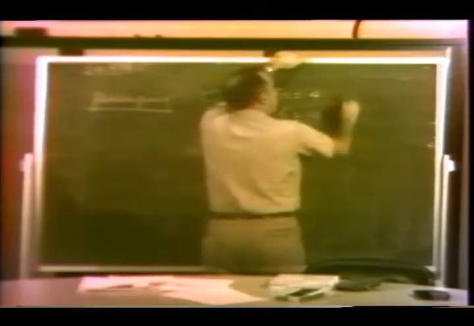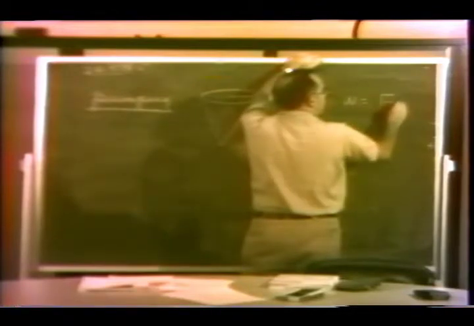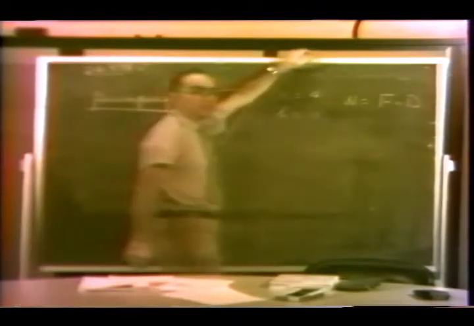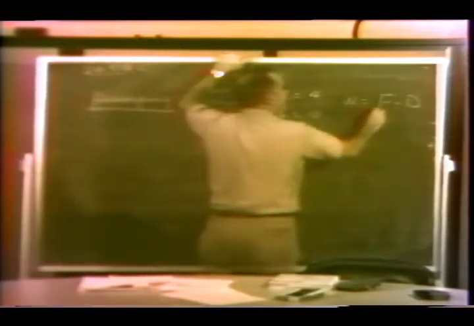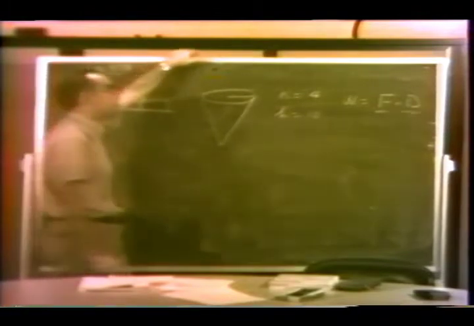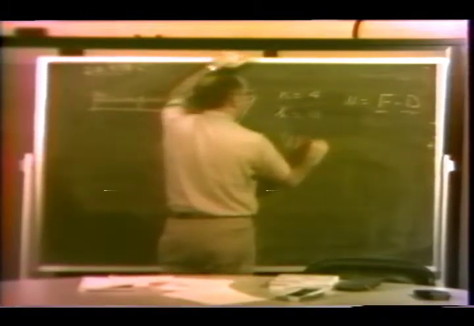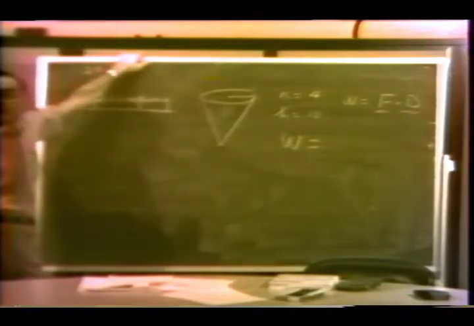And the work done in pumping that out is basically force times distance. So we've got to put both of these things in. And in this case, what interval did you have there, Mr. Ivey?